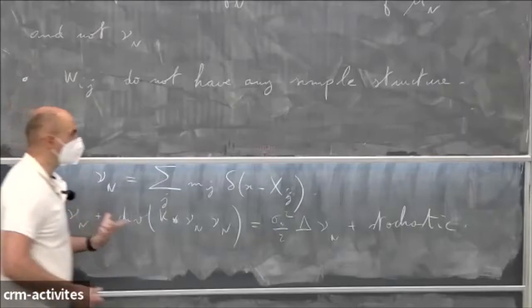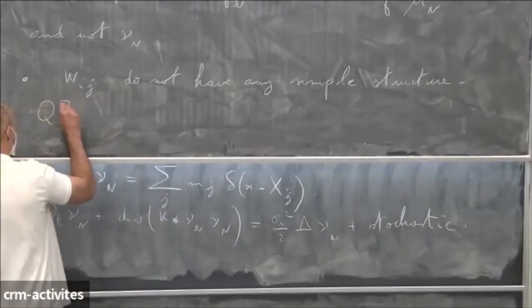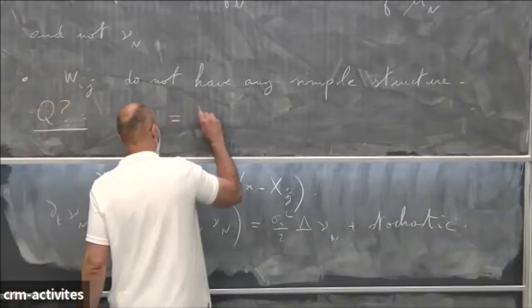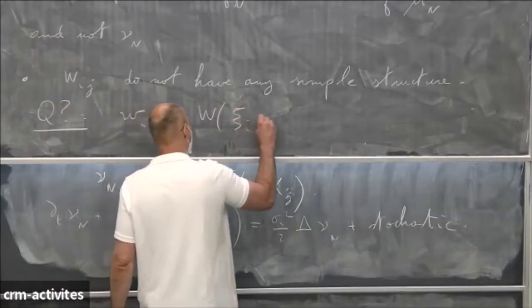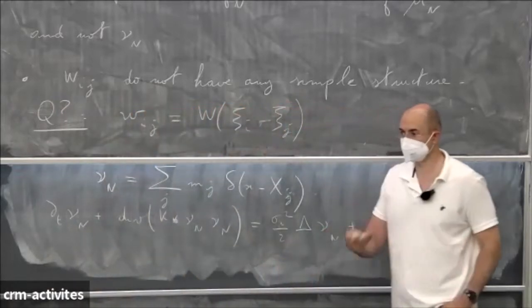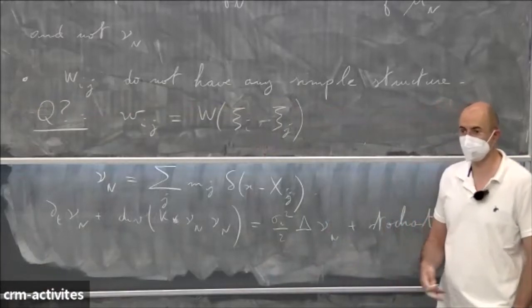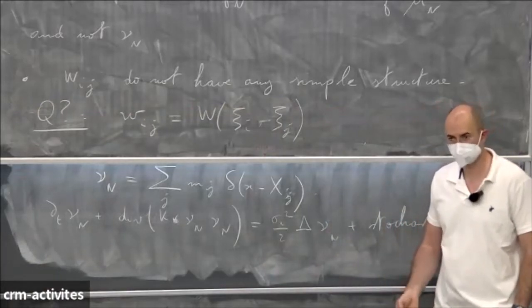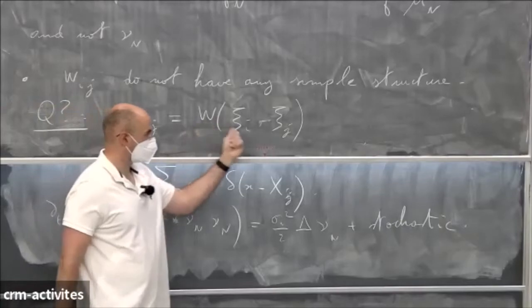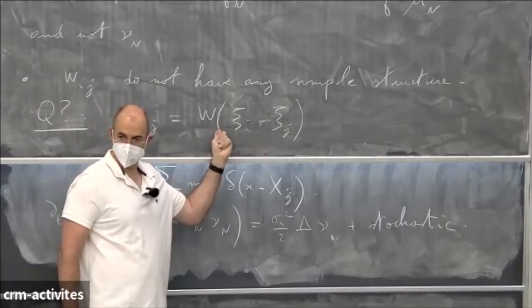So a relatively natural question here is to say, can I write that Wij is some W of psi i minus psi j for some distribution of psi i that you make up and for some kernel W that you make up? You can do this, we're back to a sort of normal mean field approach. How bad it is will now entirely depend on how much regularity you have on this W.